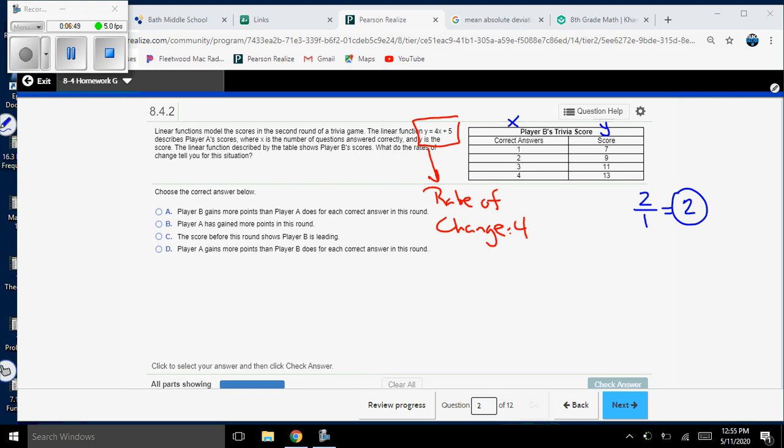Player A gains more points than player B does for each correct answer in the round. Remember, x is the number of questions answered correctly, and y is the score. So that means what? D?